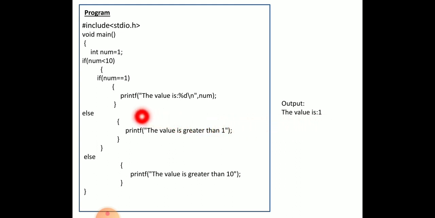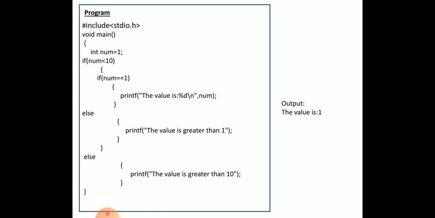In this case the else part of both the if statements will not be executed, because the first condition and the second condition become true. So after displaying the value of num, it skips all the other else part statements. So printf the value is greater than 1, that will not be printed, and printf the value is greater than 10, that will not be executed.